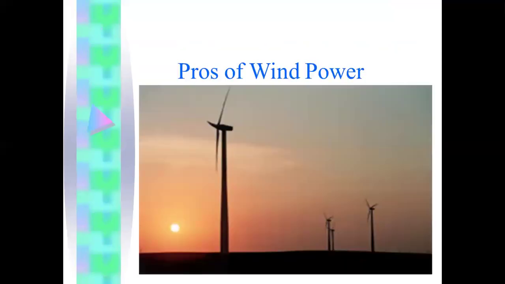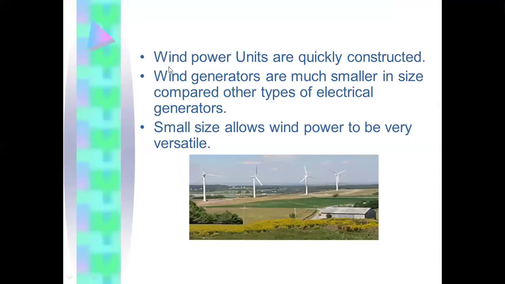Pros of wind power. Wind power units are quickly constructed. Like other electricity resources, it takes less time to construct. Wind generators are much smaller in size compared to other types of electrical generators.